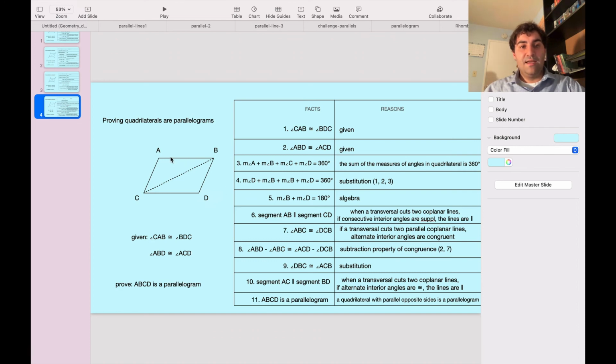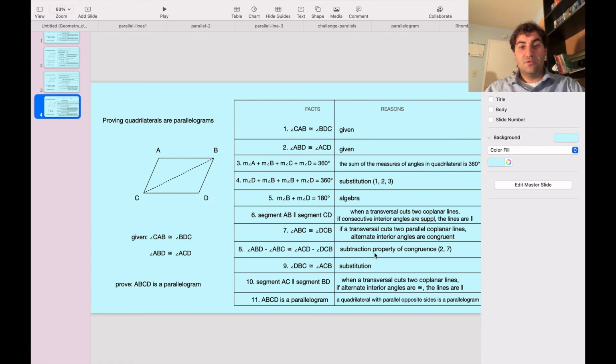So if we use diagonal BC as the transversal, and since we know that side AB is parallel to side CD, then angle ABC, this angle here, is going to be congruent to angle DCB, this angle over here, because these are alternate interior angles, right? And then we know these facts over here in statement 1 and statement 2.